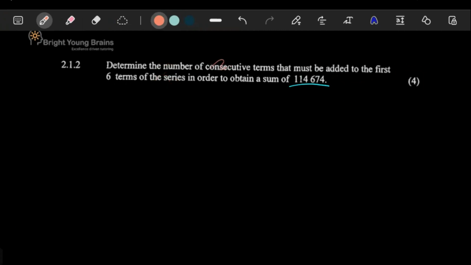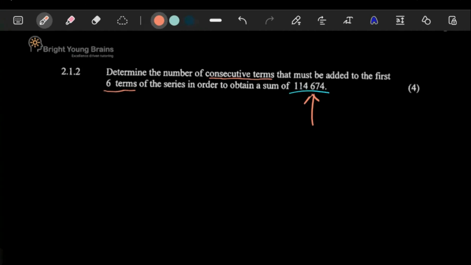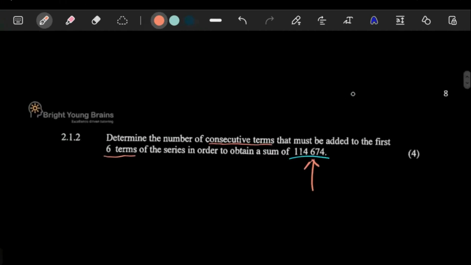Determine the number of consecutive terms that must be added to the first 6 terms in the series in order to attain this. So all you do is work out how many terms need to be added to get this. Once you get how many terms need to be added, say our answer here is like, I don't know, 50? No, that's too much.